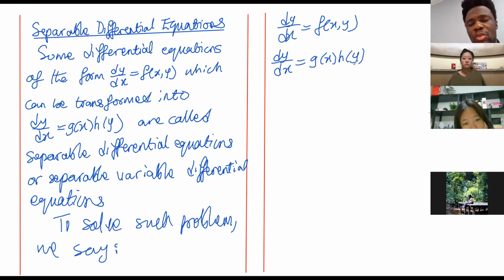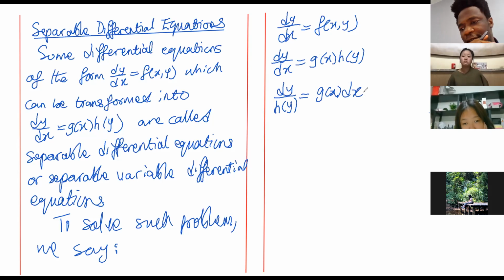The next thing we do is to collect like terms. With this dy, h of y will come, and with that dx, the other will go. So it's going to be dy divided by h of y is equal to g of x dx. Can you see that?